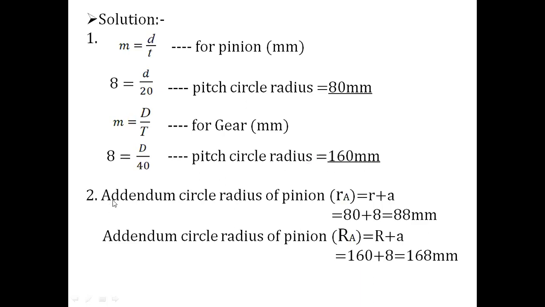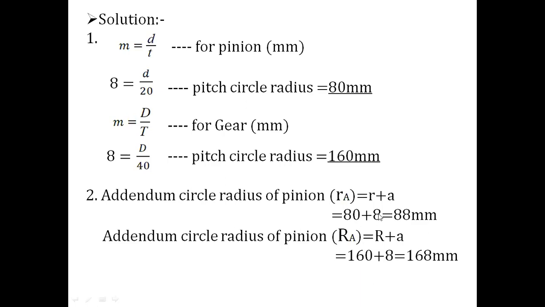Second thing we have to find out is the addendum circle radius of pinion. RA is equal to pitch circle radius plus addendum, as we learned in the basic terminology of spur gear. If you don't remember, I will share the link for the terminology of spur gear. R we have found out as 80, plus addendum.